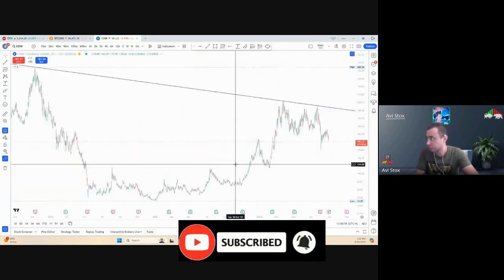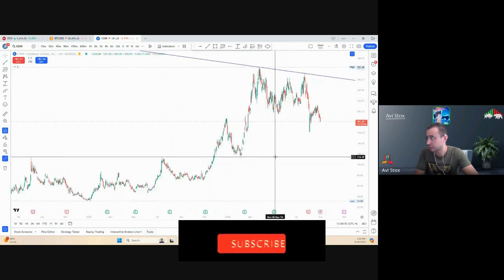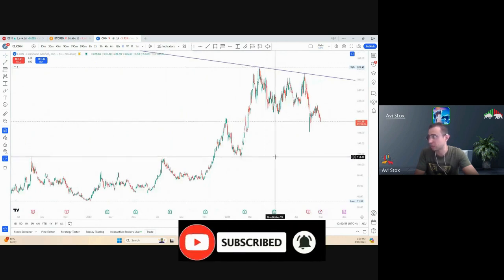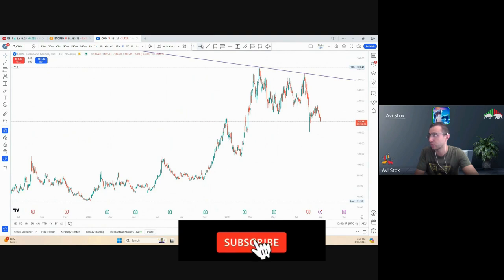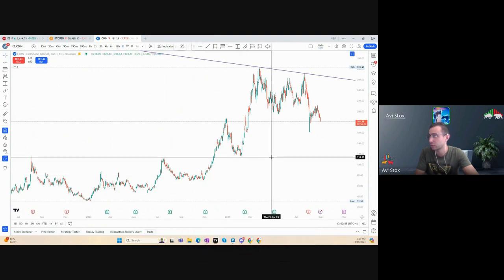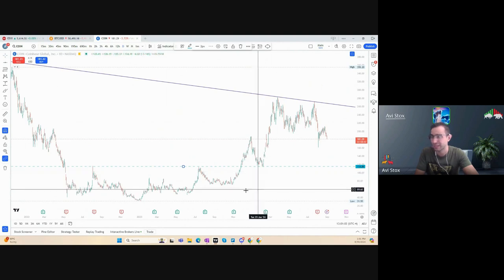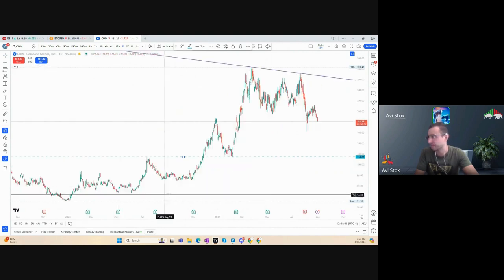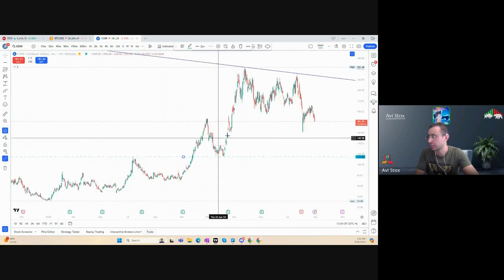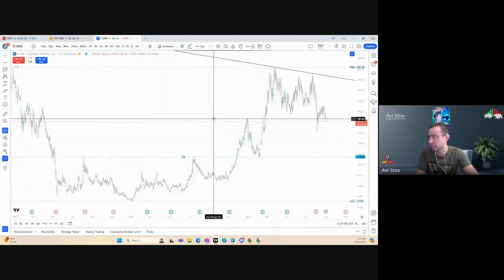So no, on this one I cannot feel comfortable with that, but support and resistance we have right here, a very good one. Support and resistance, you can see this level, this price is being respected madly. That's amazing.